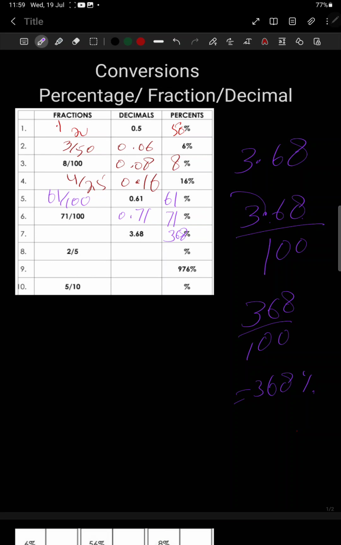Now in the form of fraction, I will need to simplify it. I can see that obviously this is an even number and this is also an even number, so I can cancel it by 2. 2 1s are 2, 2 8s are 16, 2 4s are 8, 2 5s are 10.